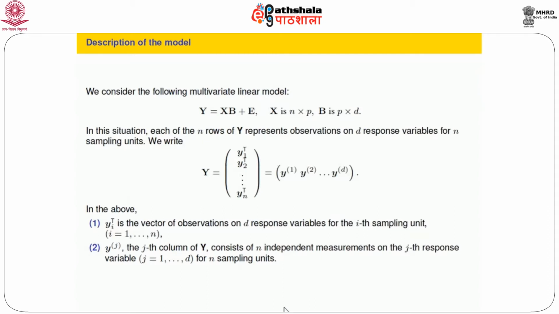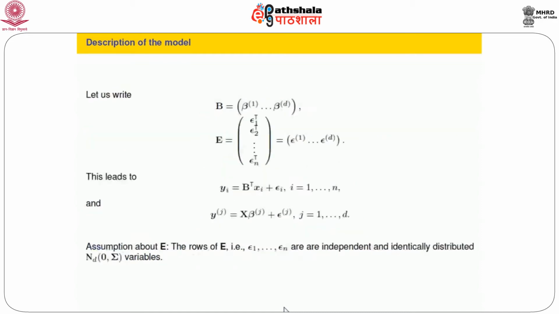And for a fixed row, if we proceed along the columns, those are the d response variables that we have data on for the ith sampling unit. Let us now write B = (β^1, ..., β^d) in superscript. The rows of the capital E matrix are denoted by ε1 transpose up to εn transpose.